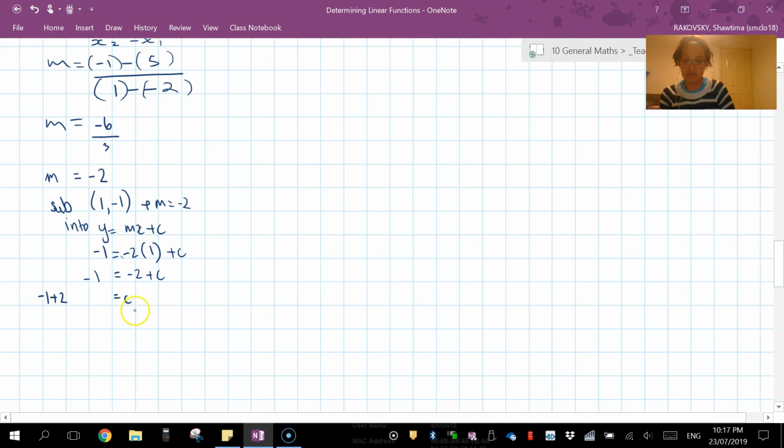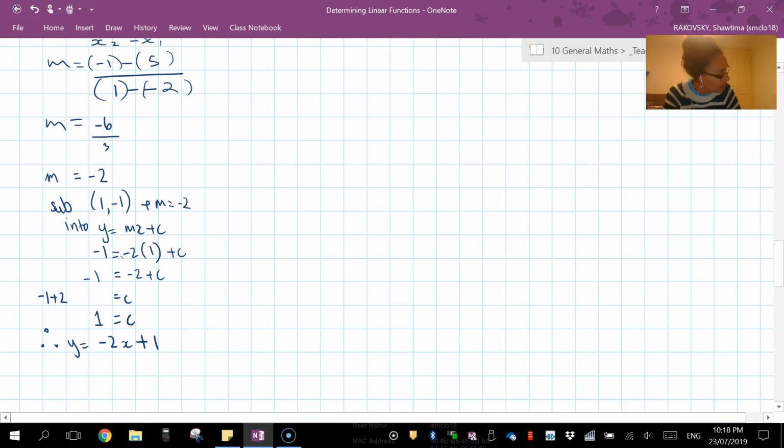So c equals 1. Therefore your equation is going to be y equals m, which is -2, x plus 1. That's the equation for that one there.